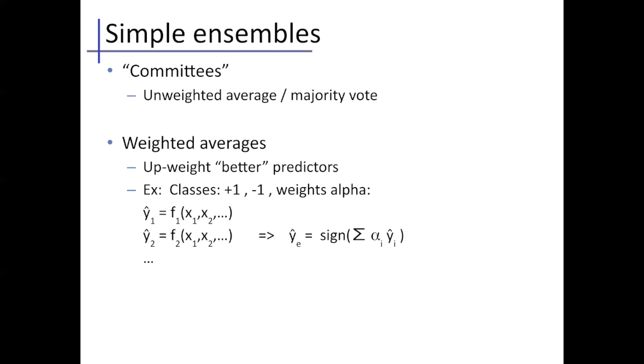In reality, people simply take a very simple unweighted average of different models, or a majority vote. This is very, very commonly used. You train 10 different models, and in the end, you take an unweighted average of the 10 models, or the majority vote. This seems to work pretty well in practice, and many people use that.